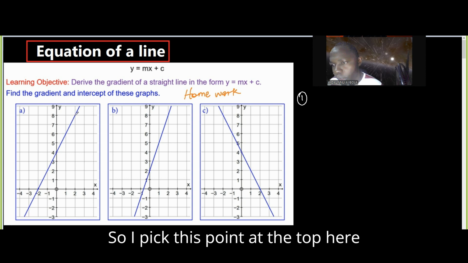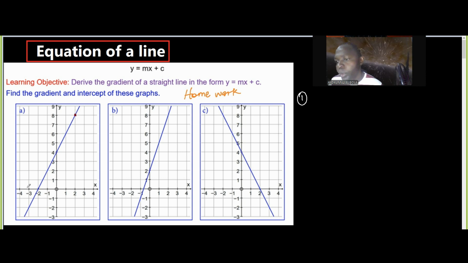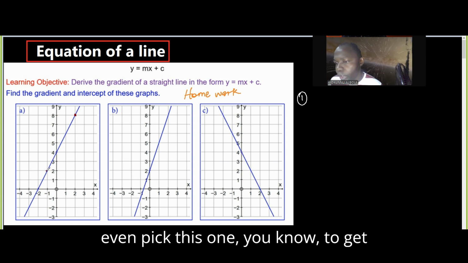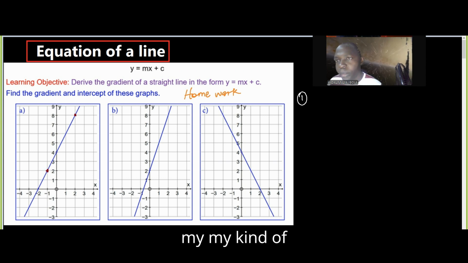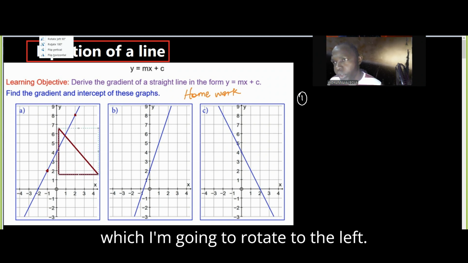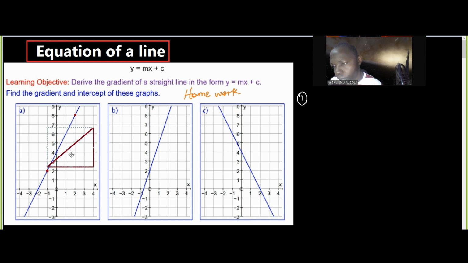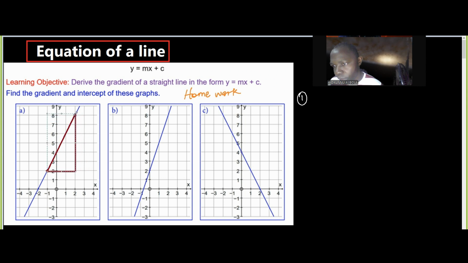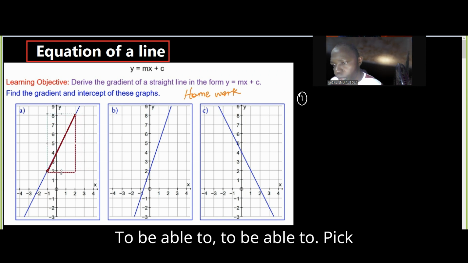So I pick this point at the top here, and this point on the line, to get my kind of triangle, which I'm going to rotate to the left. You use those points to form a kind of triangle, right?